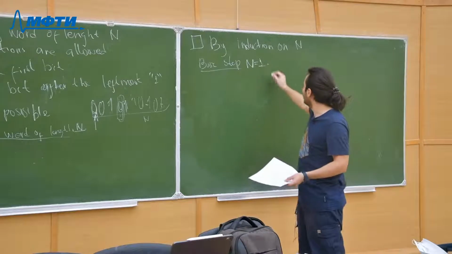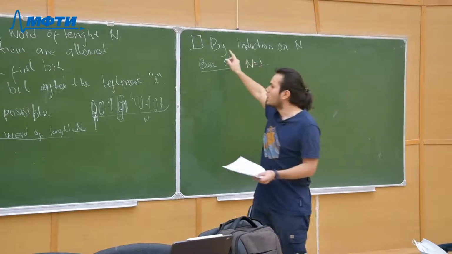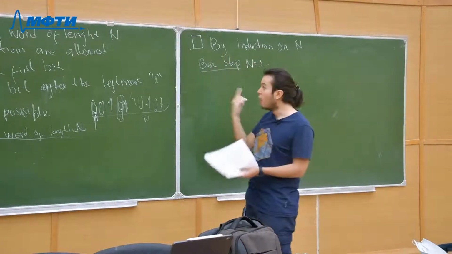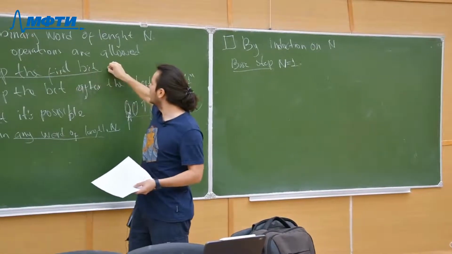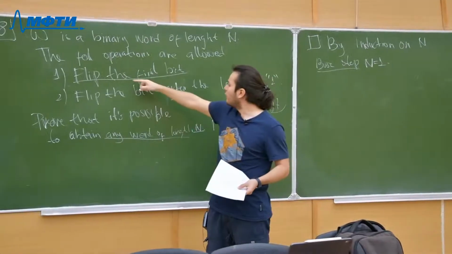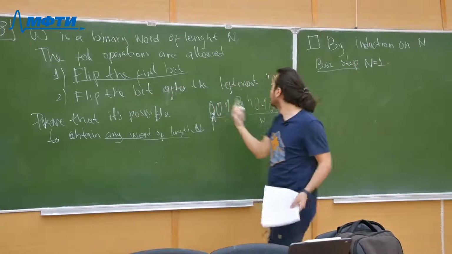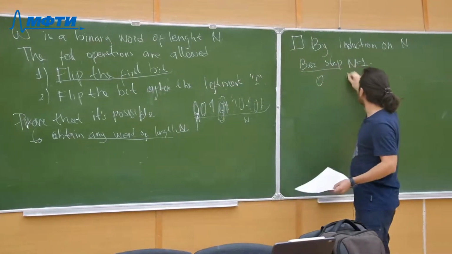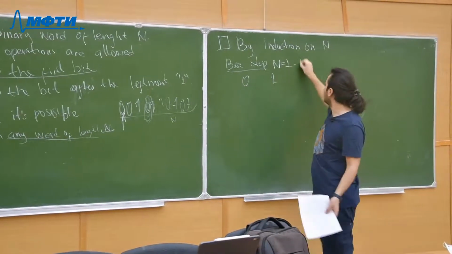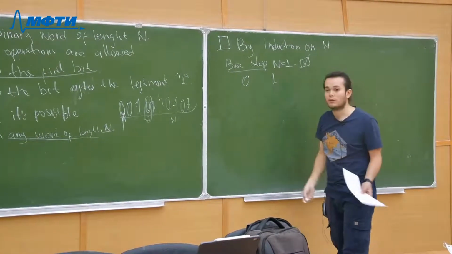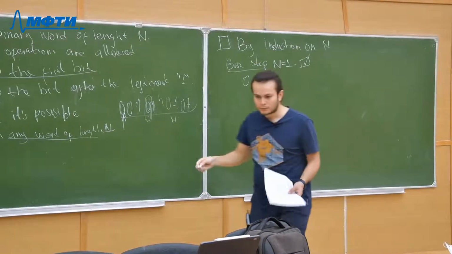Because if we have just a word of length 1, then since we can flip the first bit, if we have 0 or we have 1, we can get 1 from here or we can get 0 from here. Then in this case, the condition holds. Okay, the base step holds. Good.